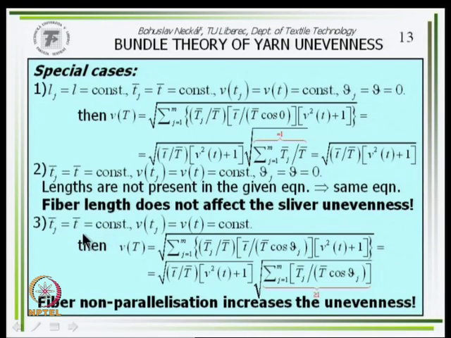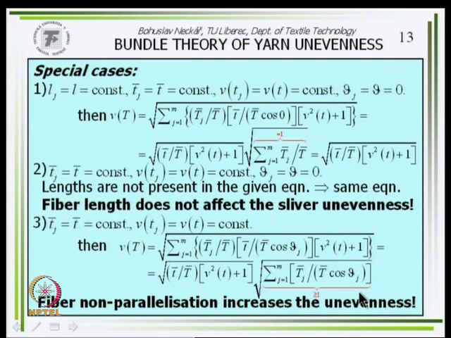Third special case: mean fiber fineness is constant, the coefficient of variation is constant, but different angles. I didn't say that they are 0. Each angle can be different. Then, using our starting equation, I obtain such an equation from which it is evident that fiber non-parallelization increases the unevenness.